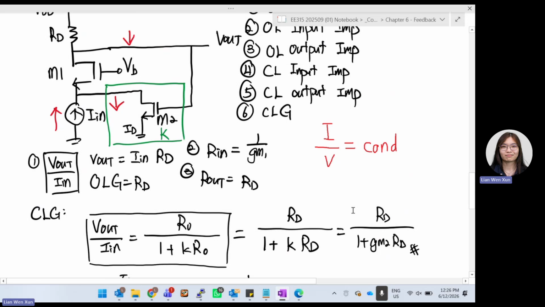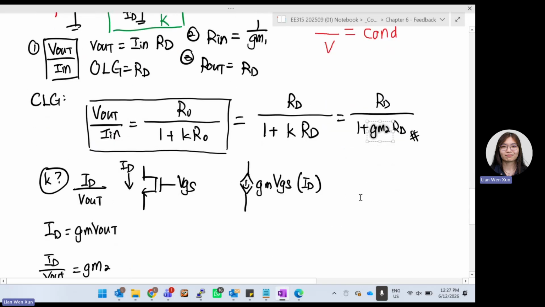Conductance is GM, sorry. That's why our K is basically just GM2 in this case. This is something that can convert voltage to current. Like your small signal model, you will draw GM VGS. So that's the GM of it. This transistor acts as a GM. So this K is just GM directly.